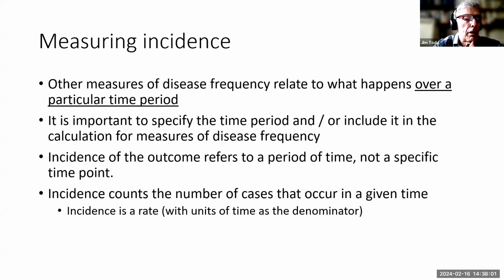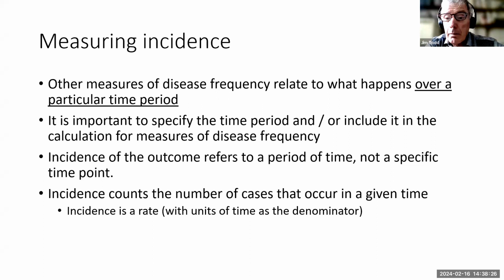Okay, so measuring incidence, getting back to the topic here. Measures of disease frequency which happen over a particular time period are usually called incidence measures. And it's important to specify the time period that is being used there, whether that is a few weeks, a few days, a few years, or maybe longer.